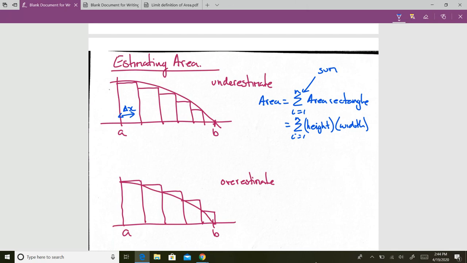And the height is going to be f of some number, because that number will change depending on where you are. Okay. So we're going to say it's the sum of i is equal to 1 to n. By the way, i is the rectangle number.